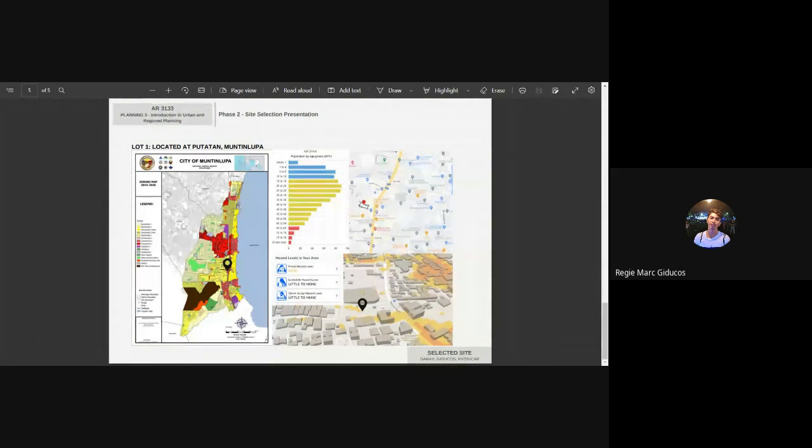And the lot is also in close proximity to other commercial zones. Also, the lot has a low threat to hazards: a low level of flooding, little to no landslide hazard, and storm surges also little to none. That's it, sir. Thank you.